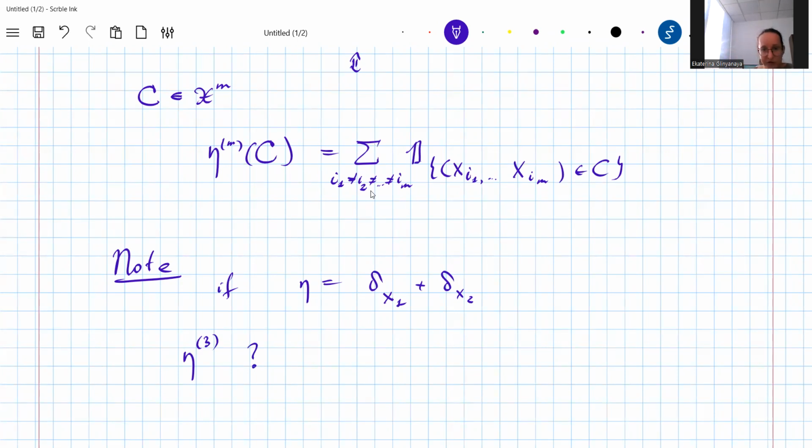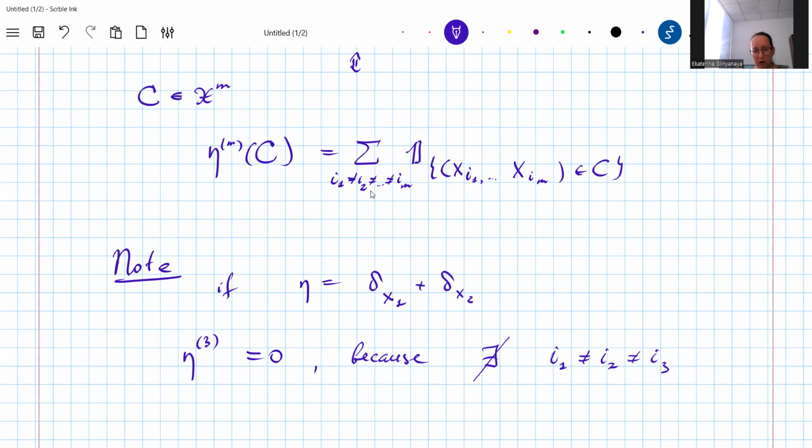Actually, this is 0, since we do not have three non-equal indices in the subset of indices of the points.